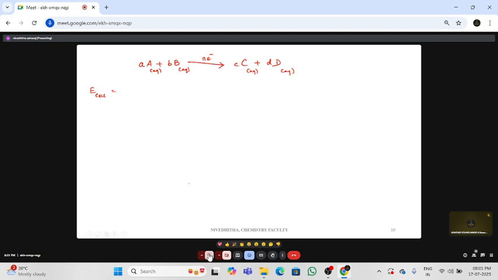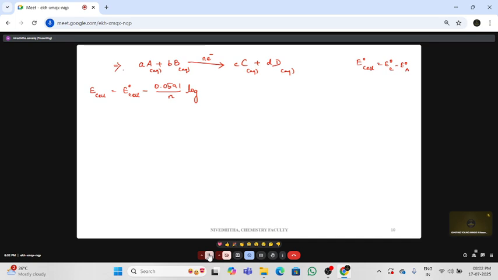E cell is equal to E naught cathode minus E naught anode. That is for E naught cell. I'm asking for E cell. So the formula is E naught cell minus 0.059 by n log of concentration of products by reactants.